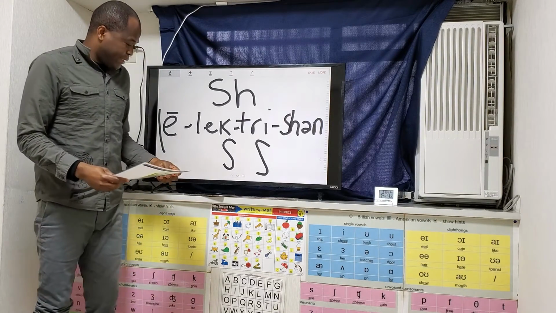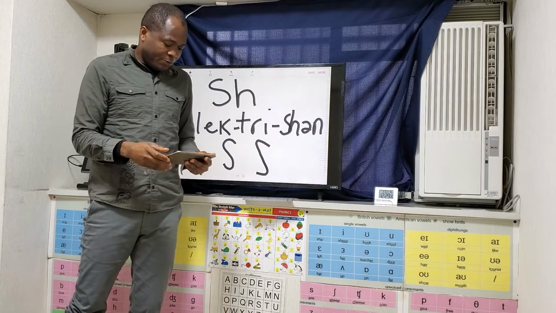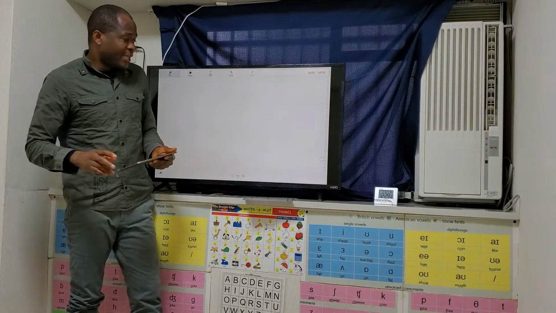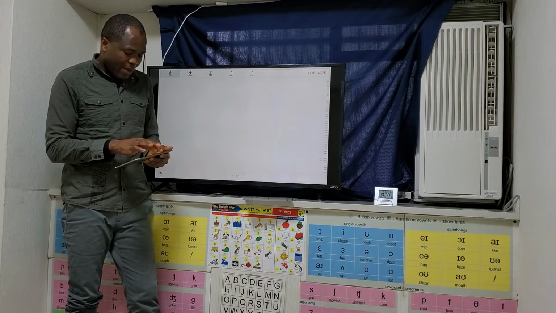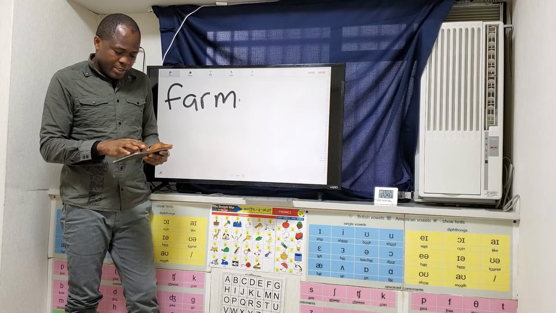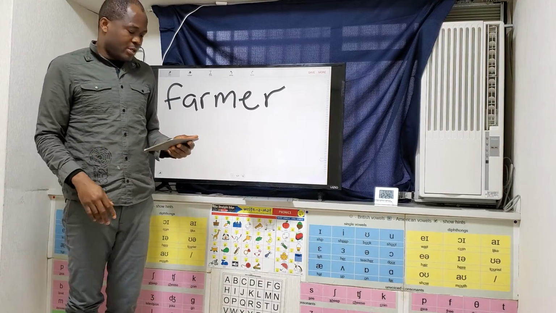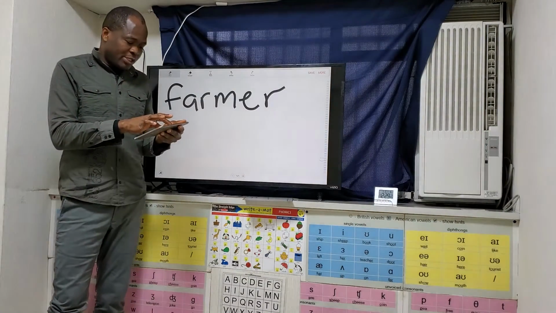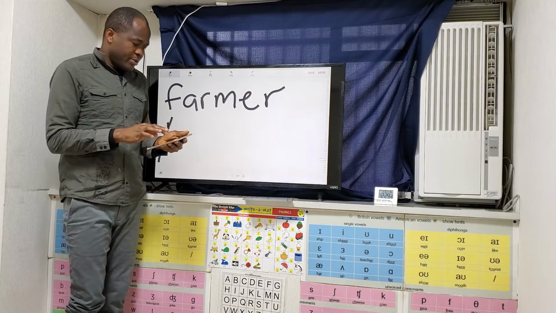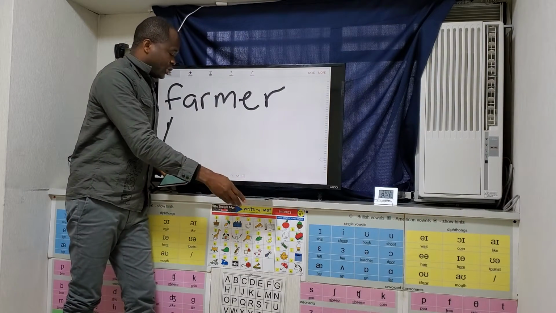Now let's look at the spelling, both grapheme and phonemes. Let's start with the grapheme for farmer: F-A-R-M-E-R. We start with the British pronunciation, the IPA. First we have our F, which doesn't change.